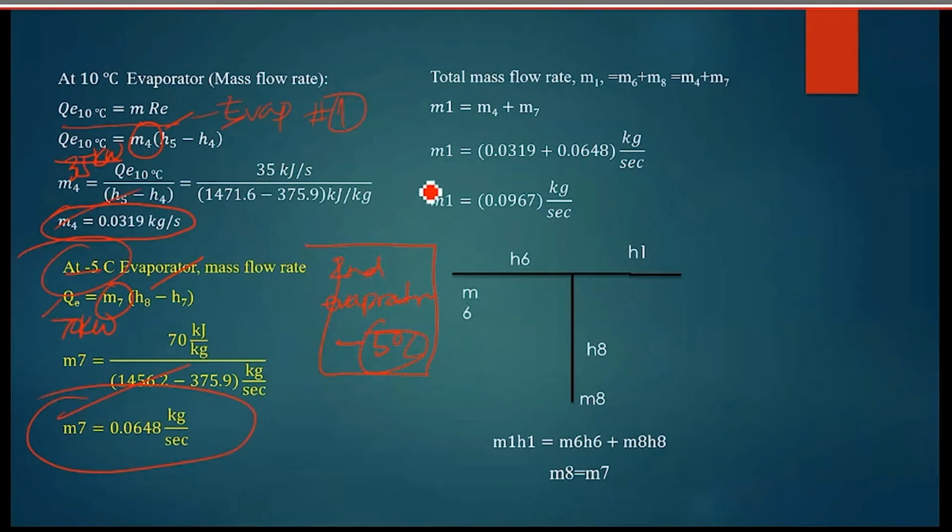Why do we need that? Because we will have the so-called mass balance according to the first law of thermodynamics: mass entering, mass leaving, energy in, energy out. So when you add M4 and M7, that is M1. Look at this.